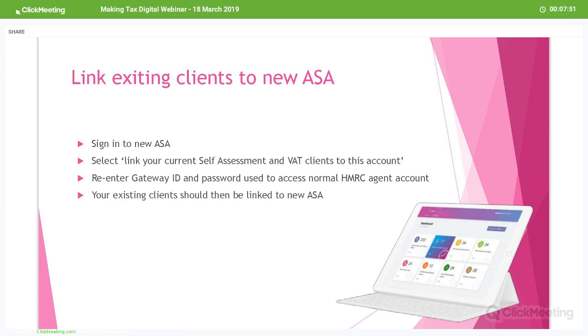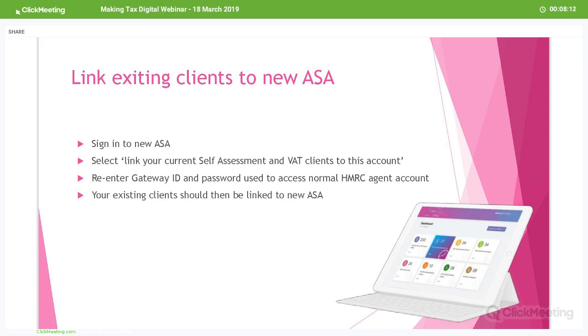Okay, once you've created your agent services account, you then need to link your existing clients to the new agent services account. So that's a case of logging in. Once you've logged into the system, there's a link that says link your current self-assessment and VAT clients to this account. Click the link.